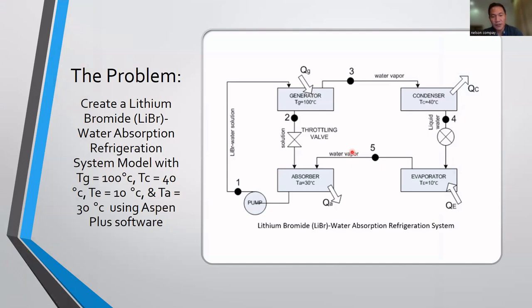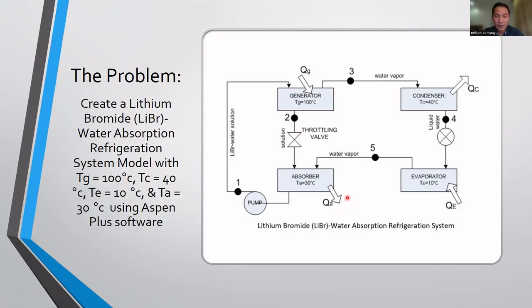Let me give you a short recall about absorption refrigeration system. From the definition, it is a refrigeration system without a compressor, as you can see from the diagram, and so there is no external work to compress the refrigerant. In this case, the work of the pump to increase the pressure from the low pressure region to the high pressure region is relatively low, therefore it's considerably negligible.